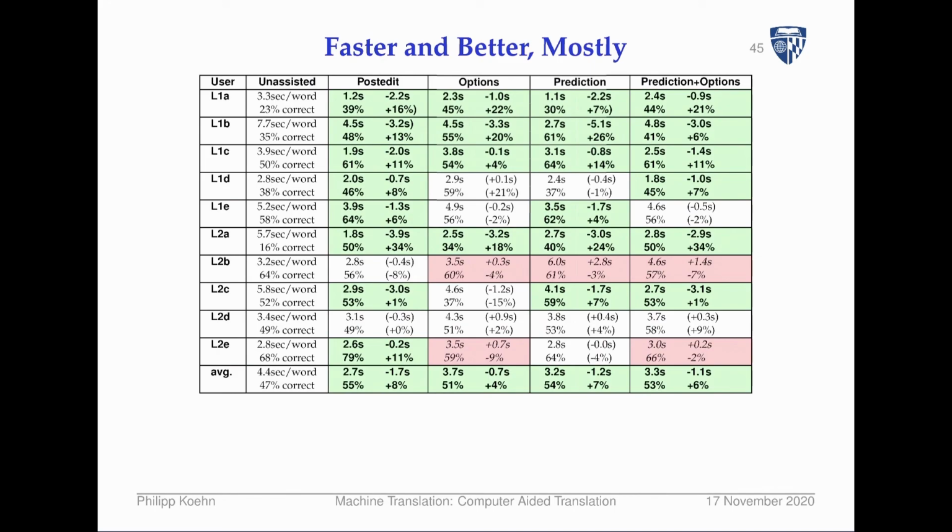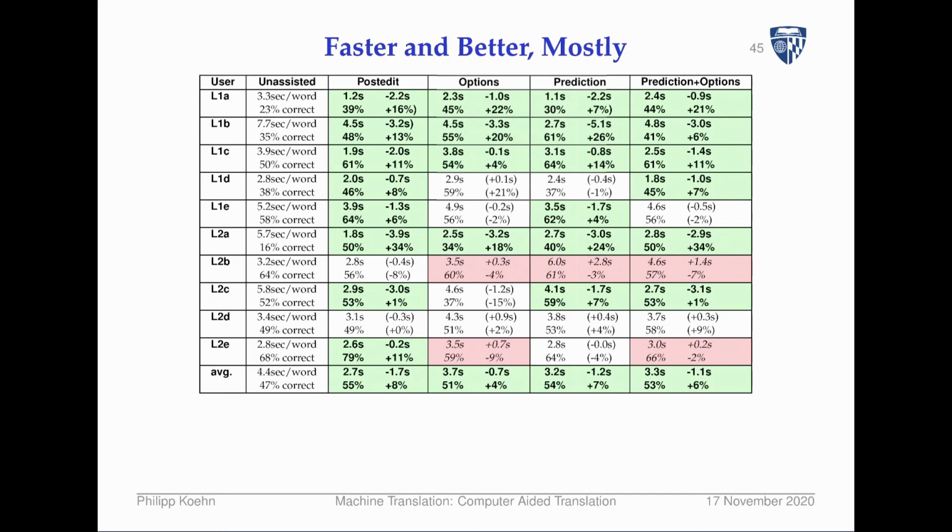Here is a breakdown of the different translators, which again illuminates the point that different translators do different things with these tools, and some benefit from tools and some not. Any green box here is when translators that used one of these modalities were both faster and higher quality.